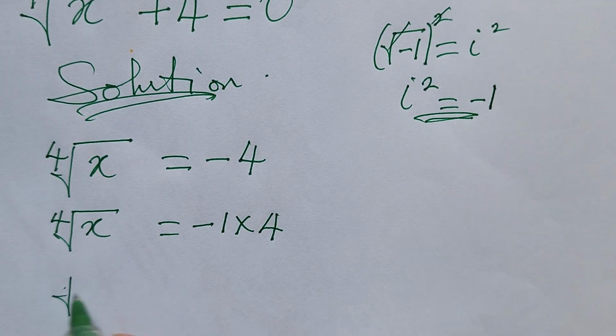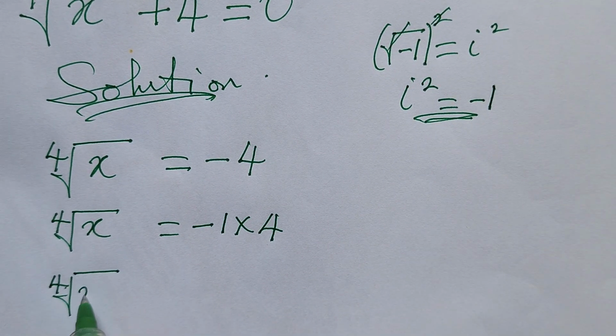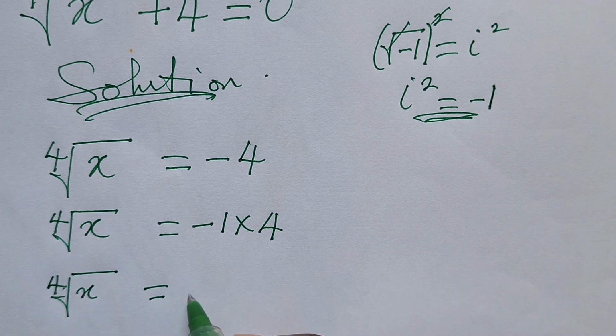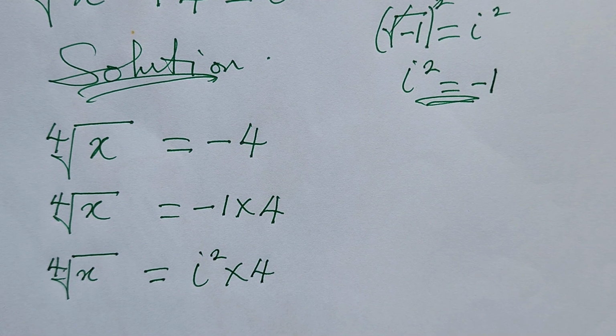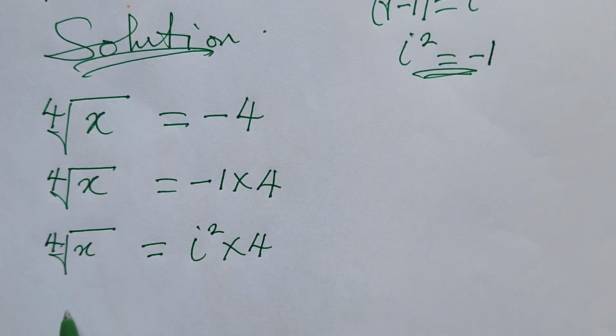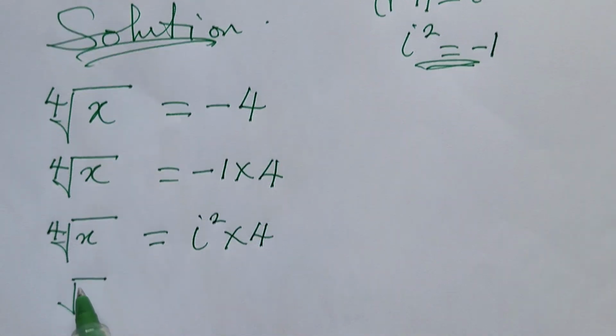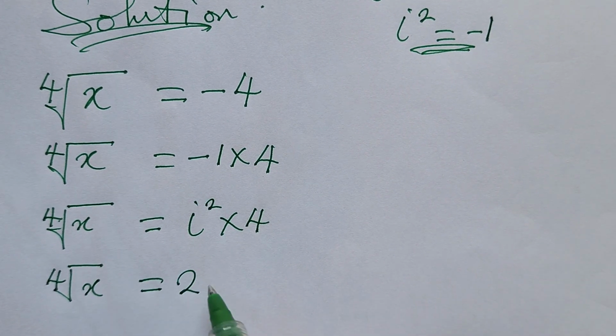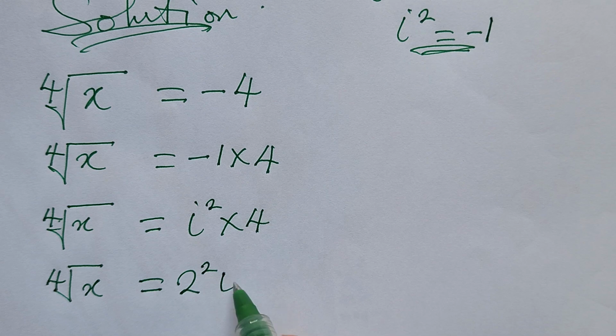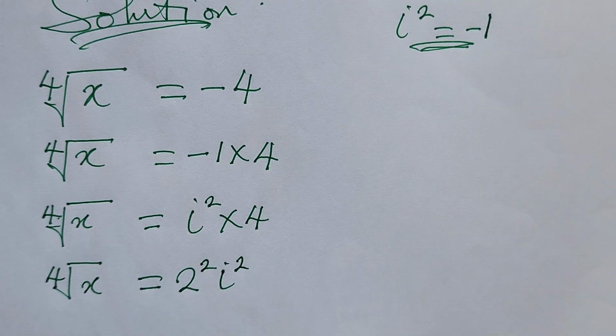So this gives us the fourth root of x equal to i squared times 4. Then 4 can be written as 2 to the power of 2. So the fourth root of x is now equal to 2 to the power of 2 times i to the power of 2.